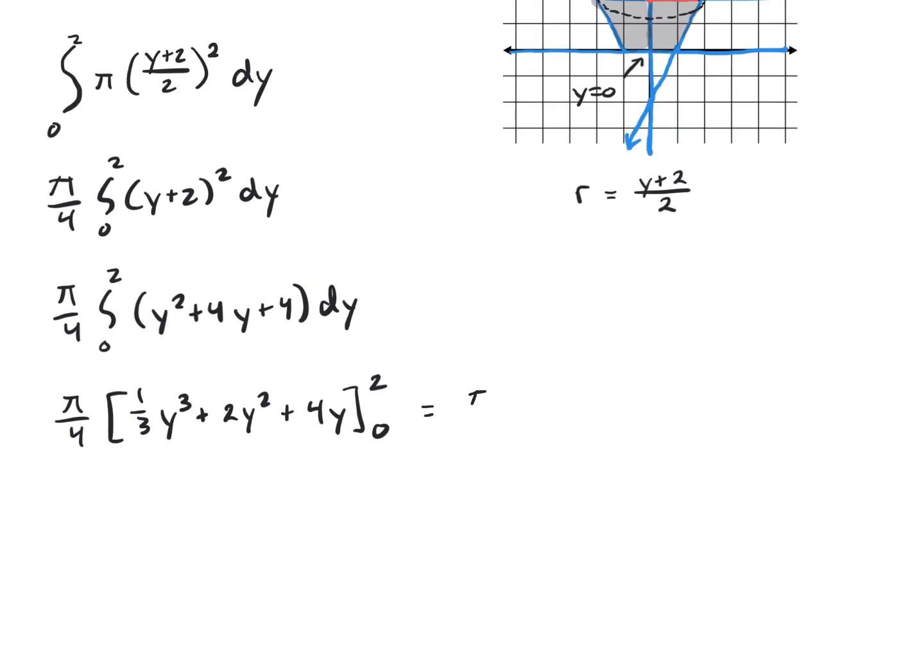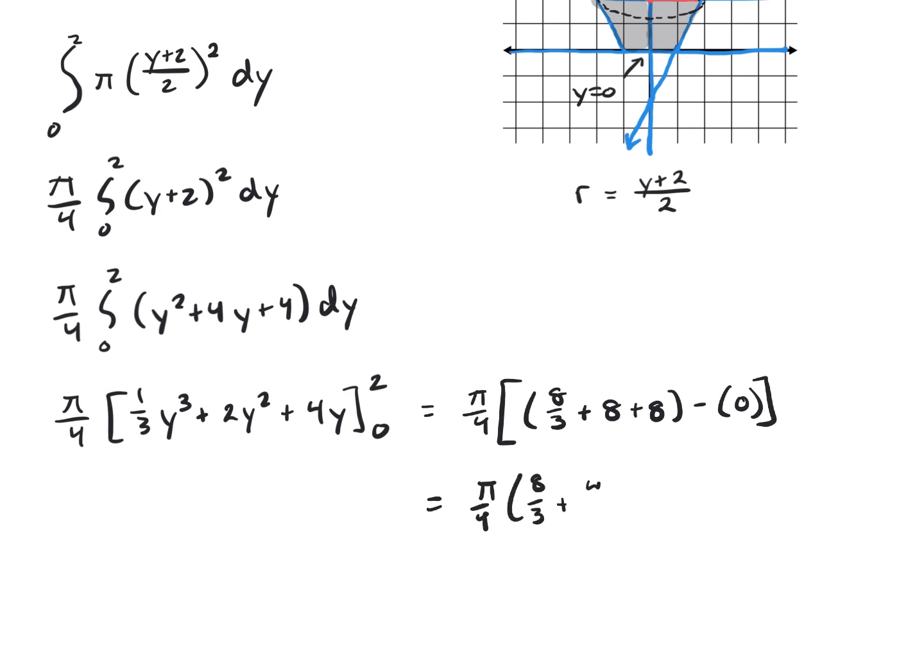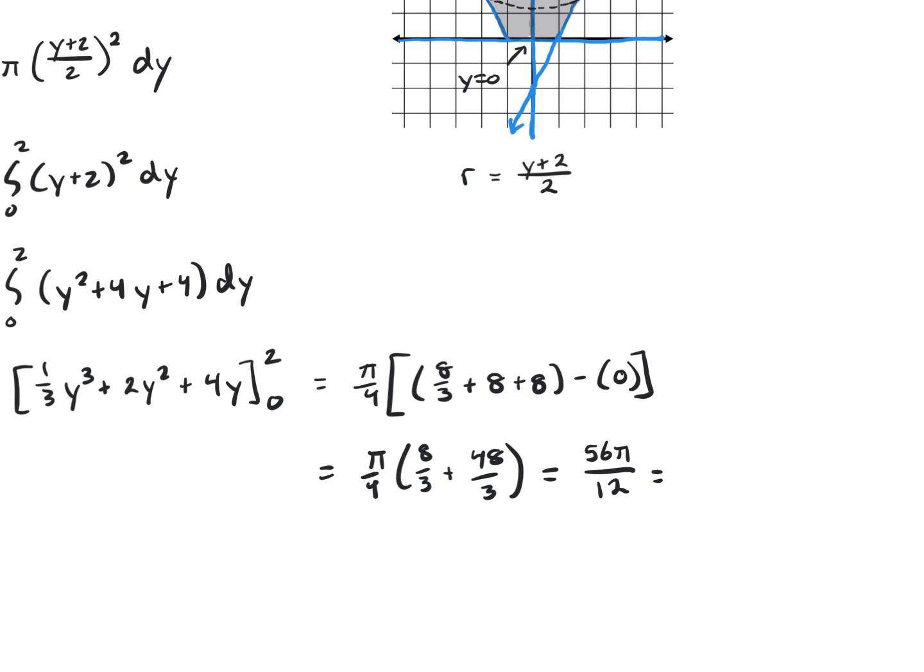That gives us pi over 4 times, plugging in 2 first, 8/3 plus 8 plus 8 minus 0. So it ends up being pi over 4 times 8/3 plus 48/3. So we have 56 pi over 12, which gives us 14 pi over 3 units cubed.